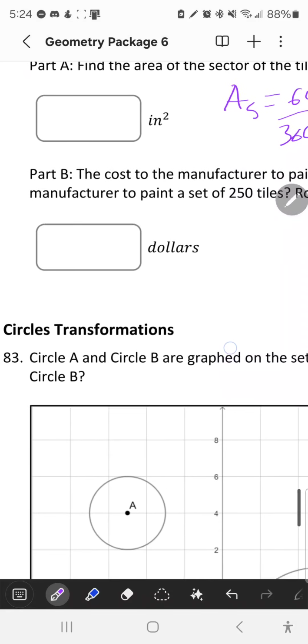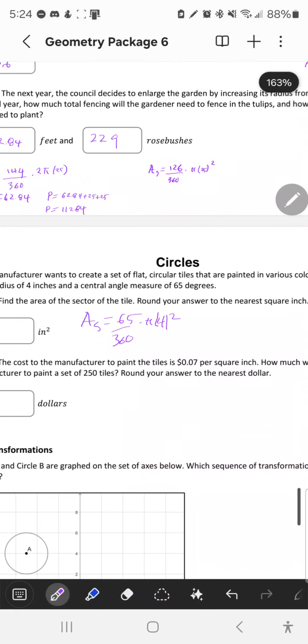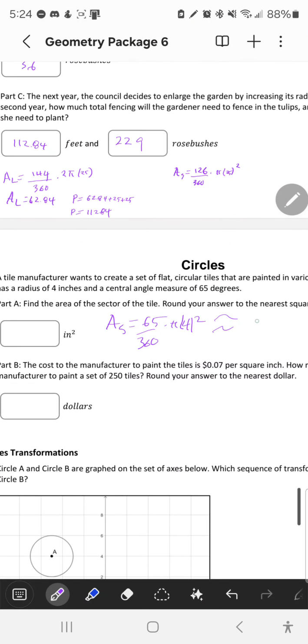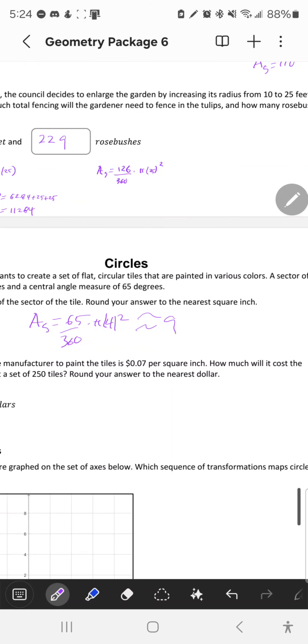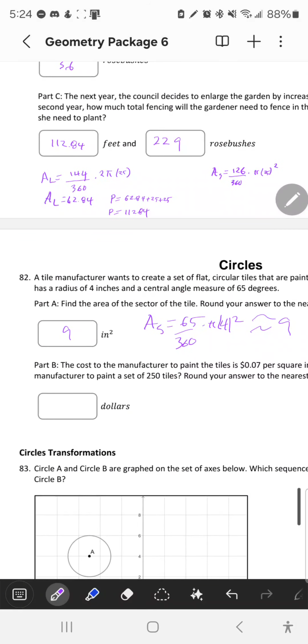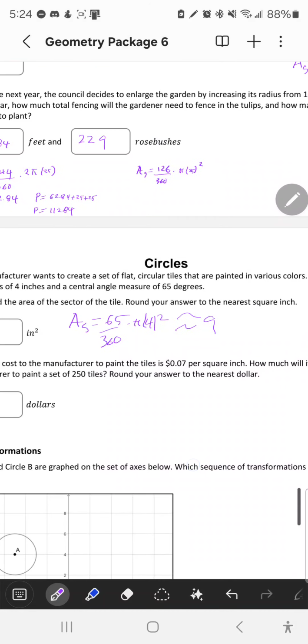Yes, the nearest square inch, and so approximately 9. The answer is 9. Now, the cost to the manufacturer to paint the tiles is 0.07 per square inch. How much will it cost to paint the set of 250 tiles?